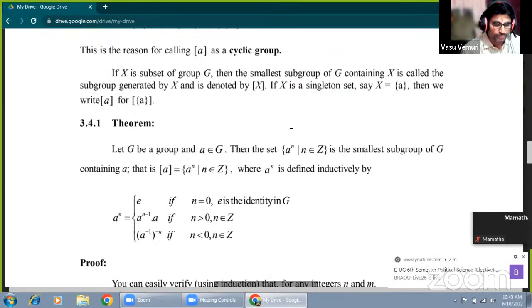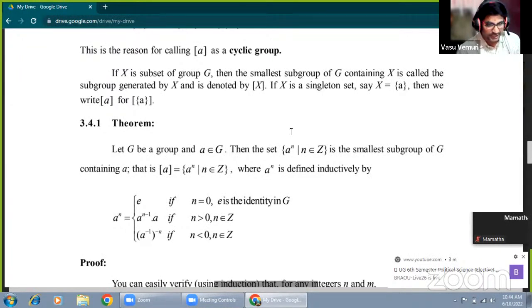(Minus i) whole cube: minus i into minus i into minus i. So this is i square, minus 1, into minus i, is plus i. Minus i whole power 4 is i power 4, which is 1.